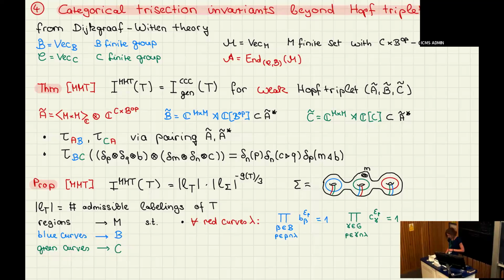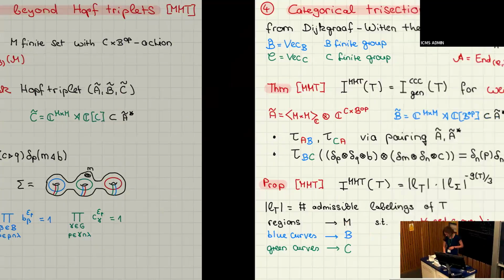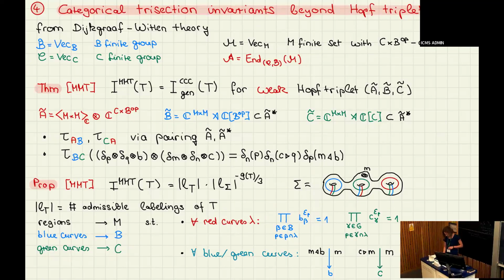For each red curve, the ordered and signed product of the elements of B and C associated to the curves that intersect it must be equal to 1. So the red curves cut the green and the blue. And for all the blue and the green curves, the labels in the regions to the left and the right of the curve must be related by the action. And that's essentially what comes out and what is the result.